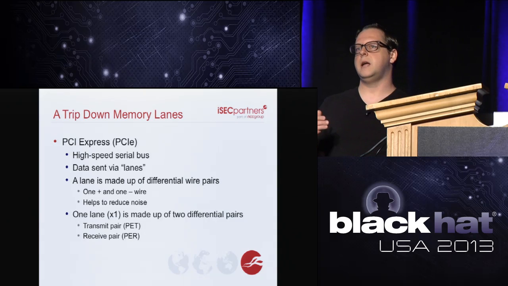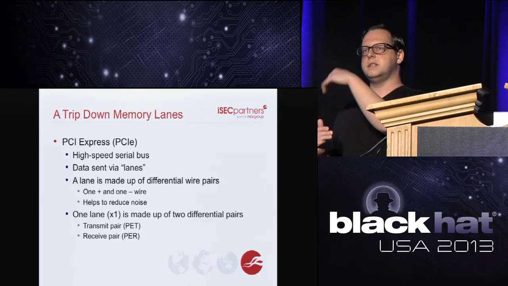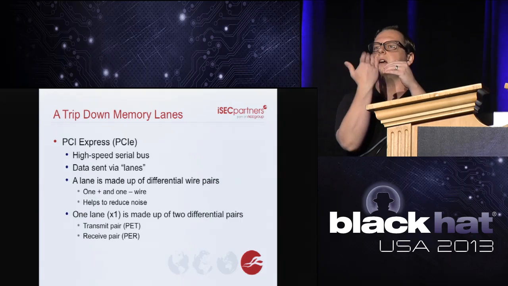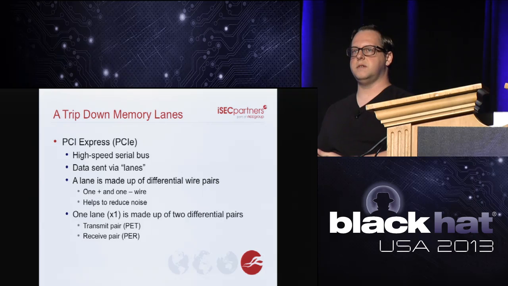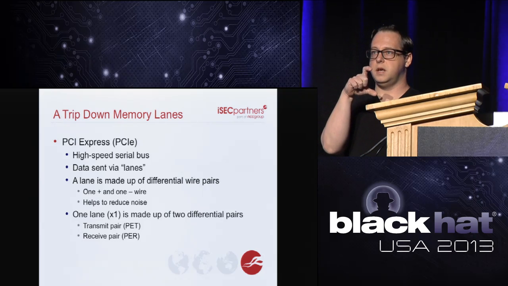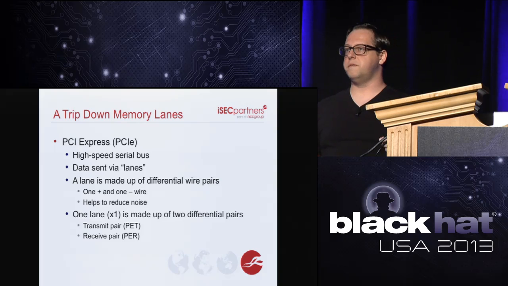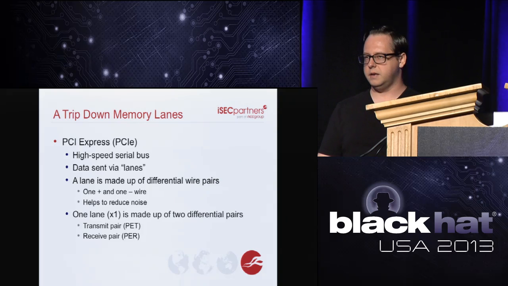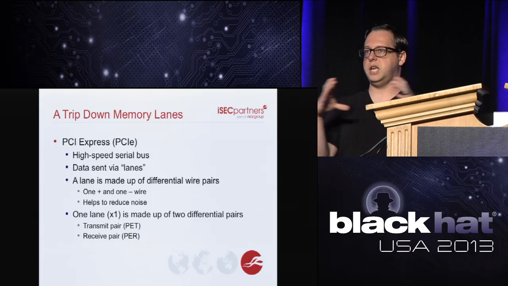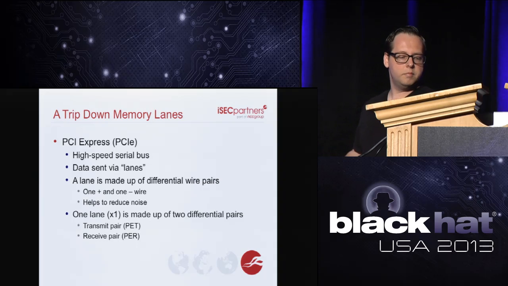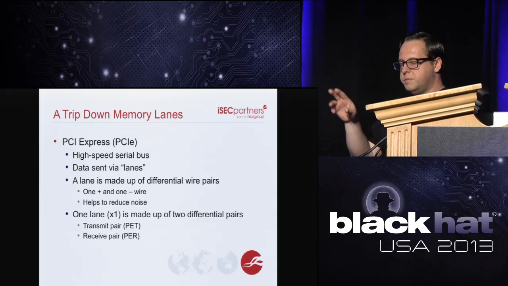A differential pair is one signal going positive and then another signal, the exact opposite, going negative. When the two signals get to the device, they compare the difference. This is really great for interference. If interference happens on the lines, it should affect both lines, so you can just take the difference and pull that out. And obviously we have the transmit and receive pairs.